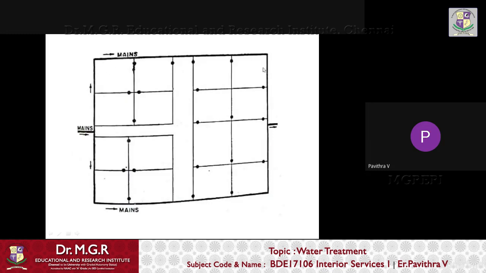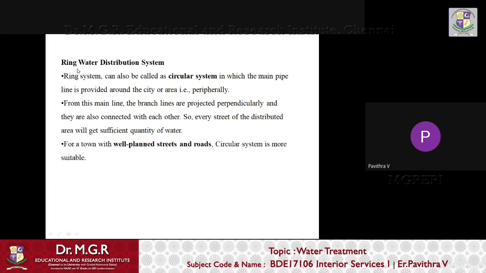This is the main line which surrounds the area in a circular way, and from the main line the water goes to the branch lines. The supply of water is simple, from main line to branch line. So for a town with well-planned streets and roads, this type of system is more suitable.